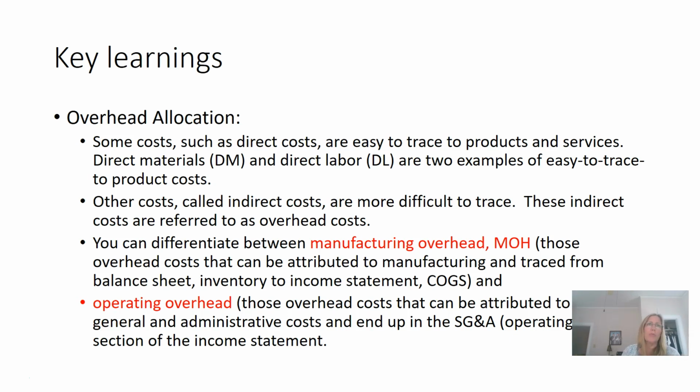Those costs could be pooled together, and then you divide by number of machine hours. So how often are those machines used? That might be one way to divide them out by something that's more meaningful for that cost pool.